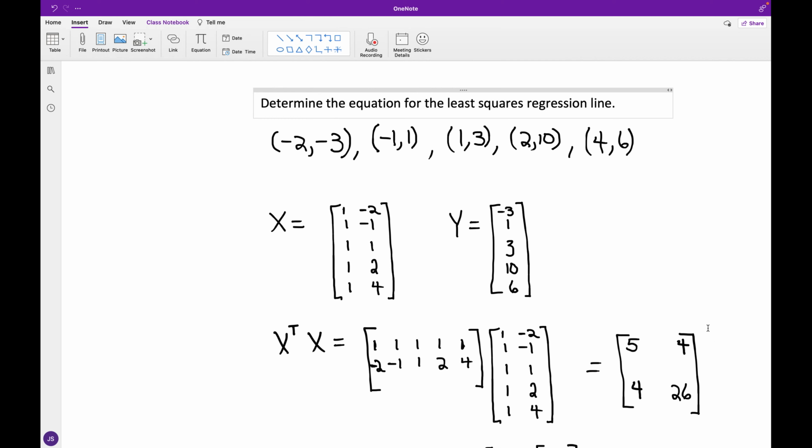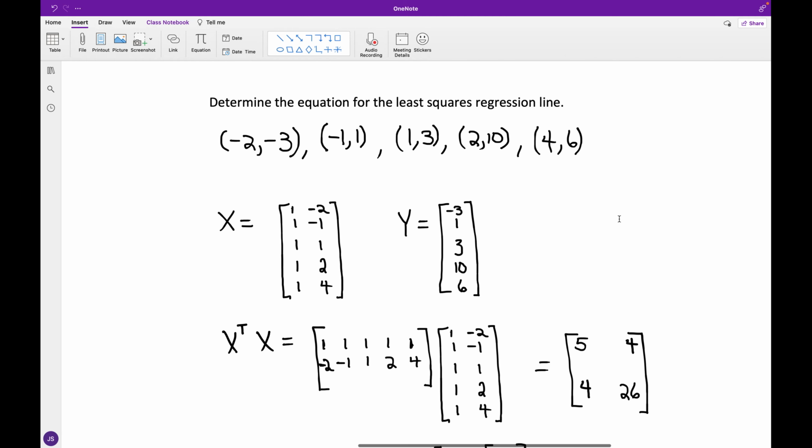Now, if I'm looking at the equation for the least squares regression line, and we have given these 5 points, for the matrix X, the first column I have exclusively ones, second column I have the X values, -2, -1, 1, 2, and 4. And for the Y matrix, I have exclusively the corresponding Y values.